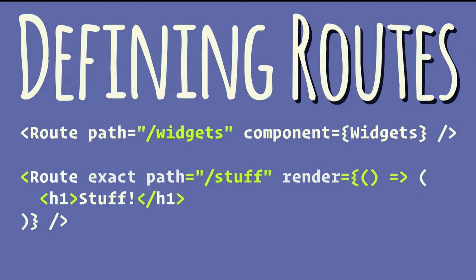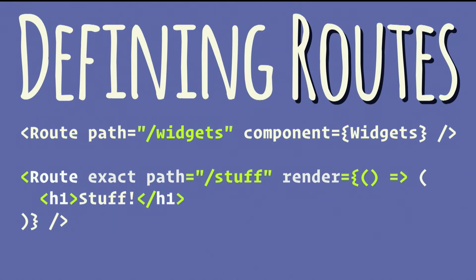We're still going to have to wrap them in something. Yeah. What can we do differently, though? How about passing props? You can pass props in the second example, right? Can't pass props in the first example. So if you have to pass any props, you're going to have to use a render prop instead of component equals whatever the component is.